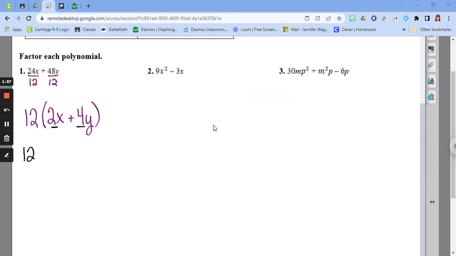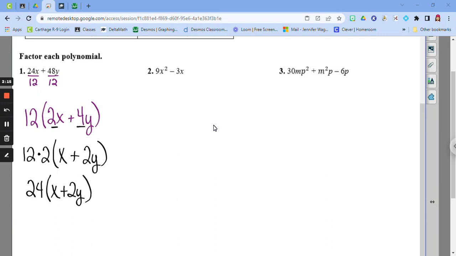So if I can divide both of those by 2, 2 divided by 2 is 1x. 4y divided by 2 is 2y. So eventually you can get to the greatest common factor, even if you don't pull the largest factor out first. It's still going to come to that.